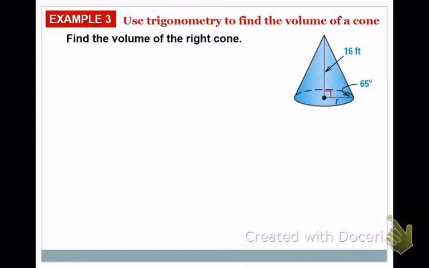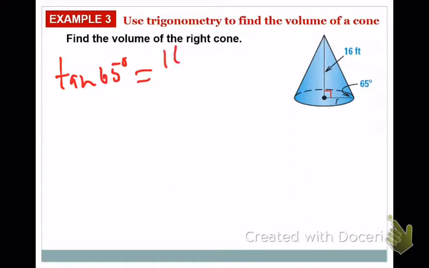It's the one that doesn't involve a hypotenuse. We don't have a hypotenuse. Hypotenuse is not in play here. Which one? Tan, yeah. Tan of 65 equals, what goes on top? The 16 or the R? 16, opposite over adjacent.